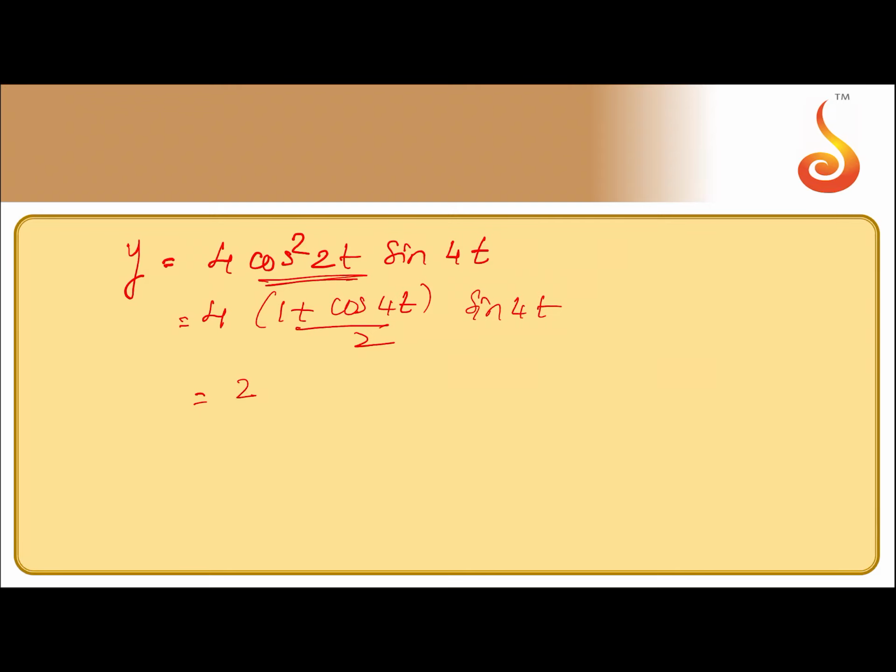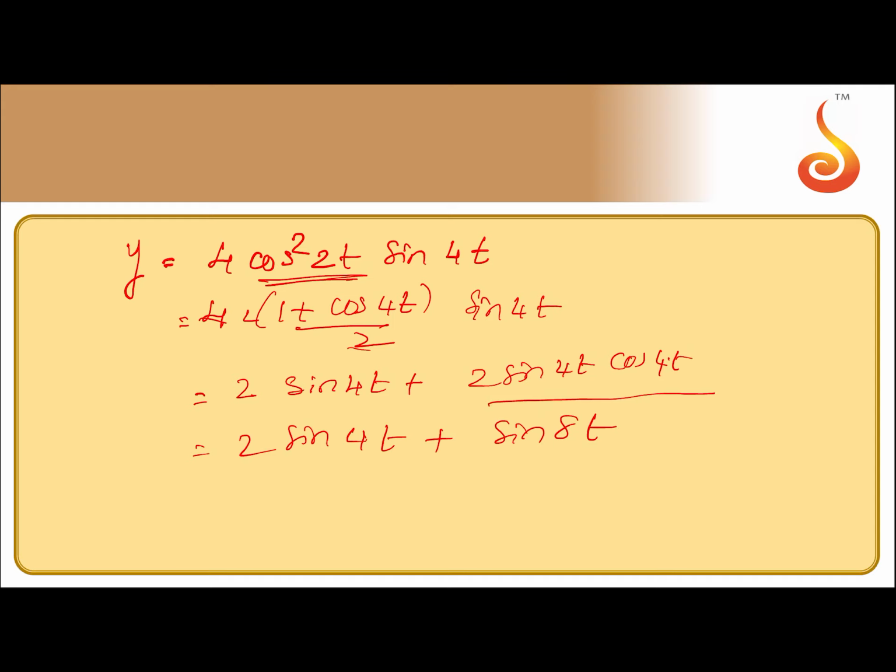That is 2, these two cancel, 2 sin 4t plus 2 sin 4t cos 4t. So 2 sin 4t plus, if I simplify it further, this becomes sin 8t. Is that correct? You can check it for yourself. So if I expand sin 8t, I'll get 2 sin 4t cos 4t. So how many parts are there?